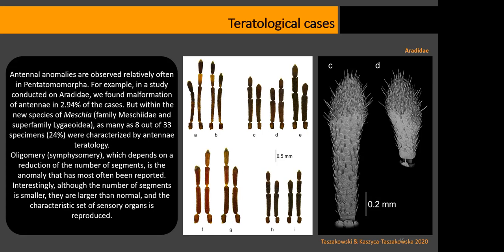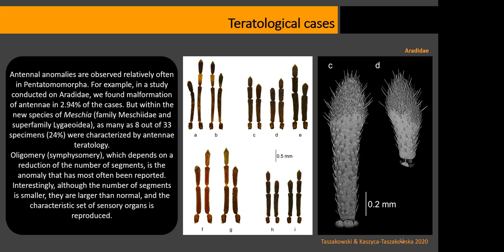However, within the new species of Mezira, family Aradidae and superfamily Aradoidea, as many as 8 out of 33 specimens, or 24%, were characterized by antennal teratology. Oligomery, otherwise called symphalangy, which depends on reducing the number of segments as a result of injury, is the anomaly that has most often been reported.